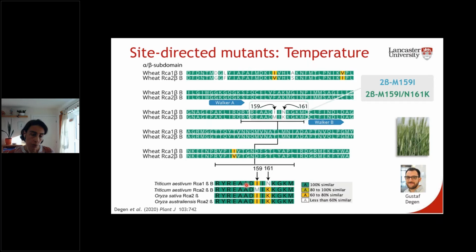He also produced the double mutant here, basically to verify that the change in temperature optimum would be due to this specific change in the single mutant.